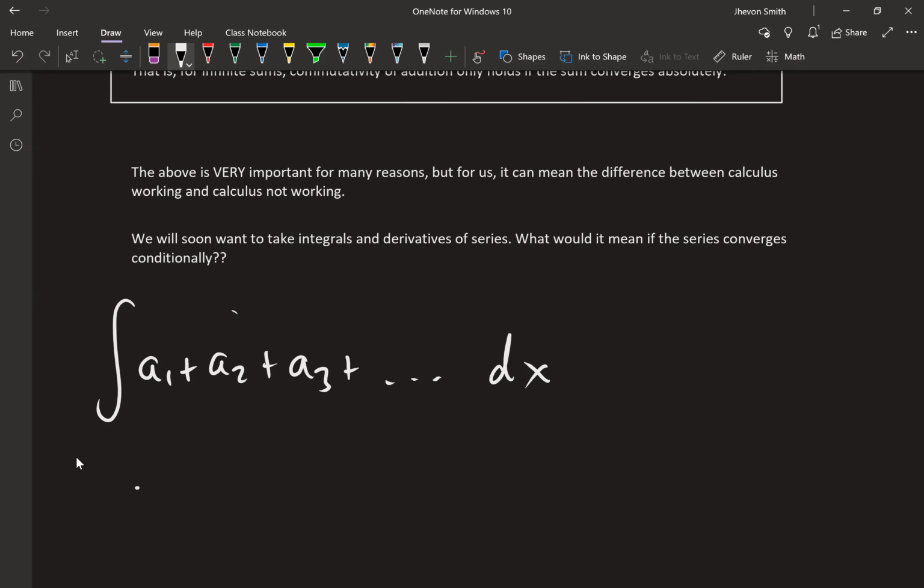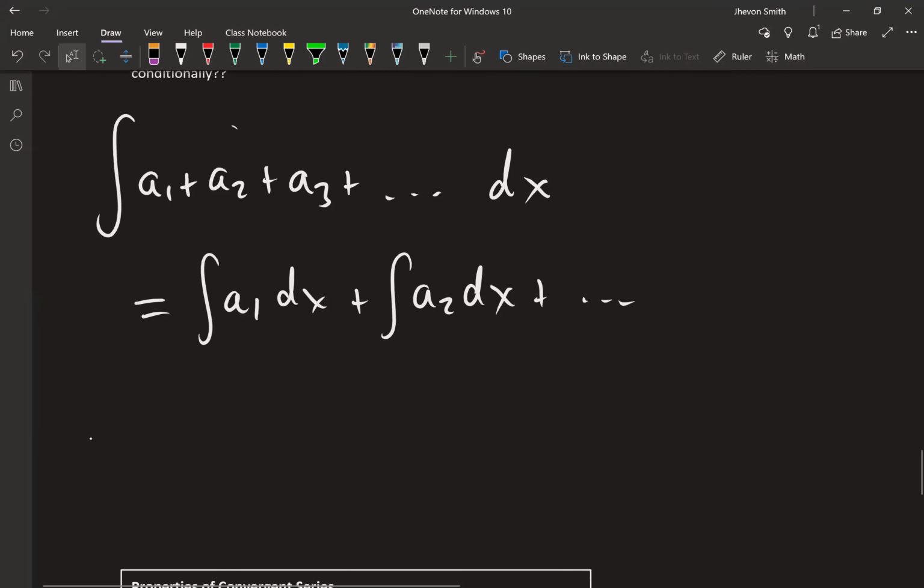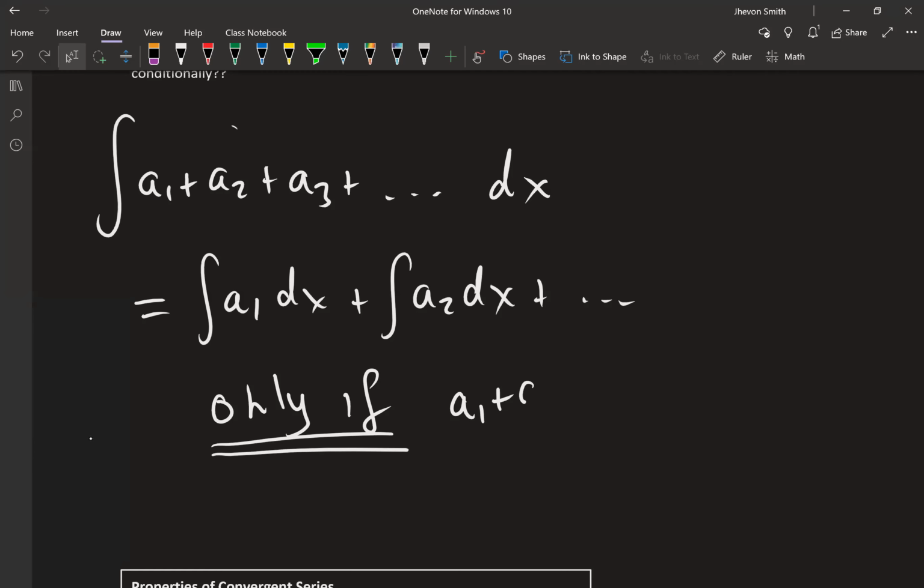However, this equality, where I can add up these guys, only works if the sum a1 plus a2 plus and so on converges absolutely. Because otherwise I can rearrange the terms and get a different value for the integral. The area under the curve is going to change. For calculus, we need absolute convergence.